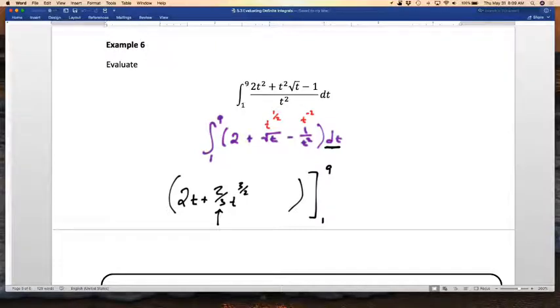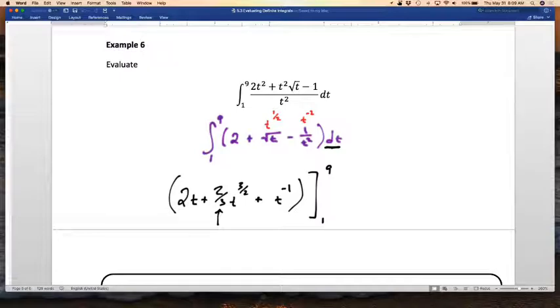Same with t to the negative 2. We've got to bump that exponent up 1, bringing it to t to the negative 1. Remember, the only time that becomes a natural log is if the denominator is just t, as if it's t to the negative 1. So we bump that negative 2 up to negative 1, and we've got to change the sign out front because we're multiplying by the reciprocal of negative 1, which is just -1.